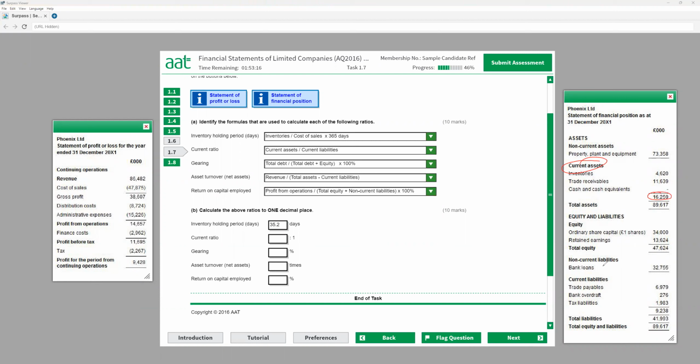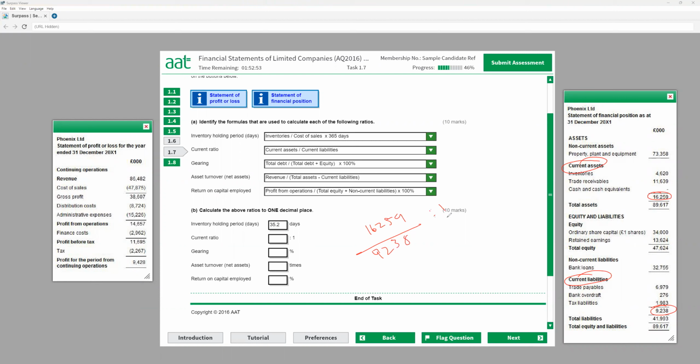And the current liability. So where is the current liability? That's the total current liability. So current asset we have is 16,259. And current liability we have 9238. And it has to be always ratio to 1. Remember that.